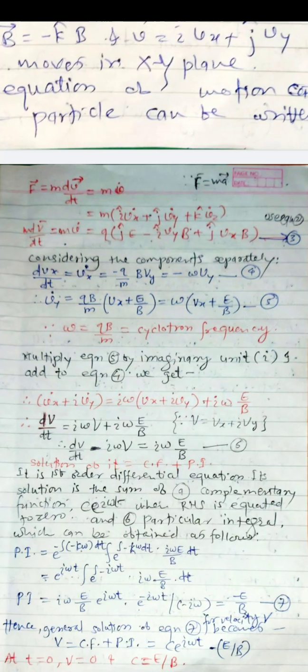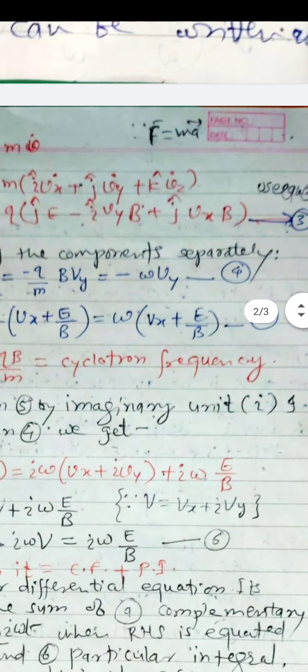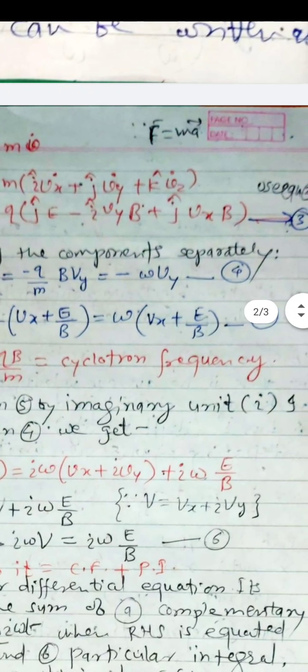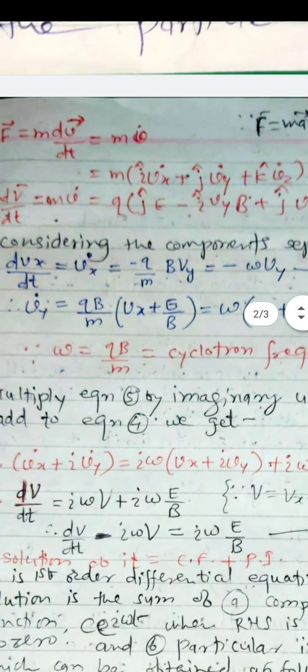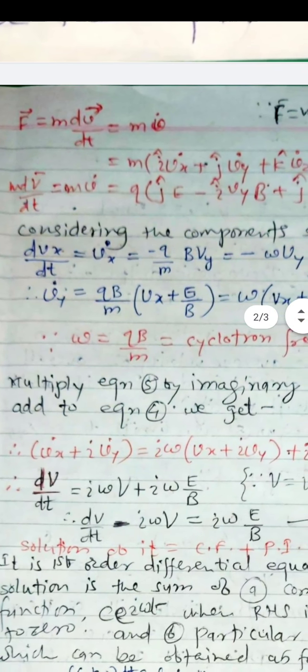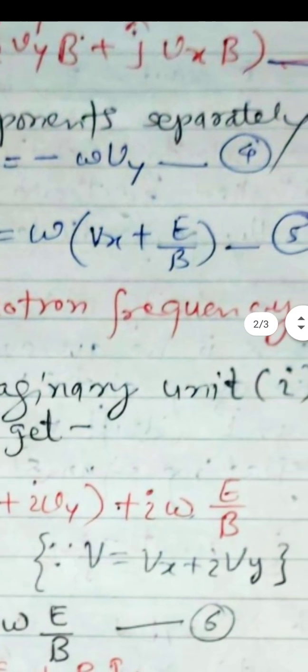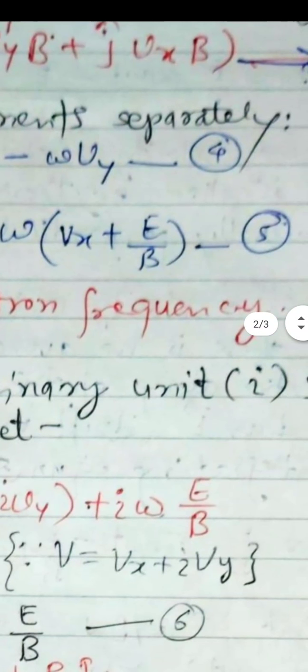Considering the components separately from equation 3, dvx by dt equal to Vx dot equal to minus qB by m Vy equal to minus omega Vy, equation number 4. And Vy dot equal to qB by m Vx plus E upon B equal to omega times (Vx plus E by B), equation number 5.